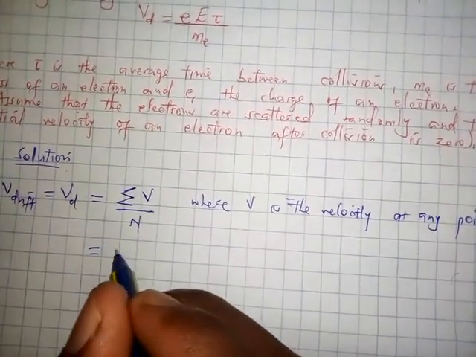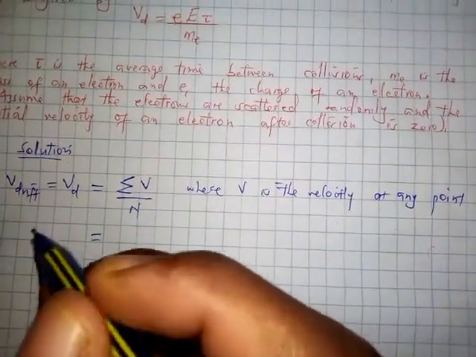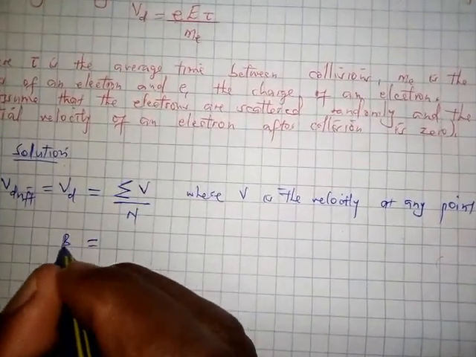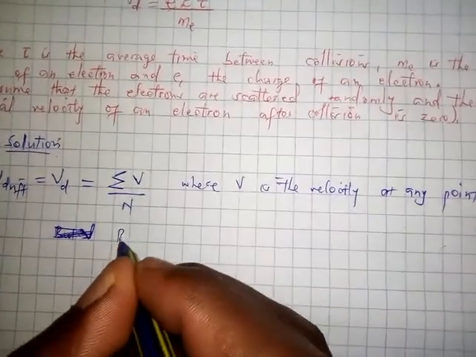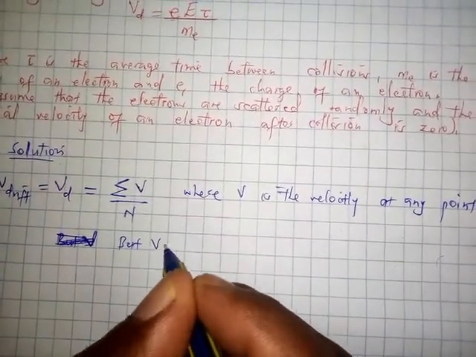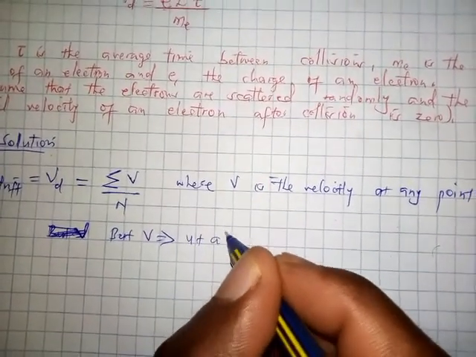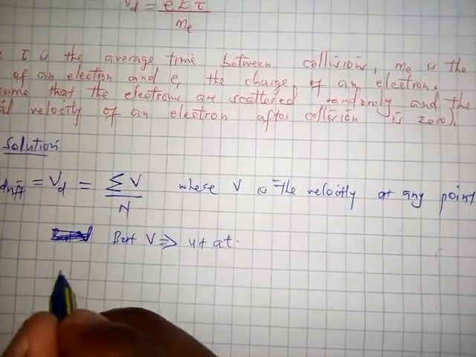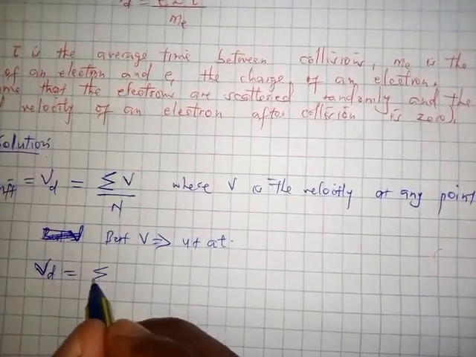Which is the same as the summation, but V can be represented as U plus AT. So Vd is equal to the summation.